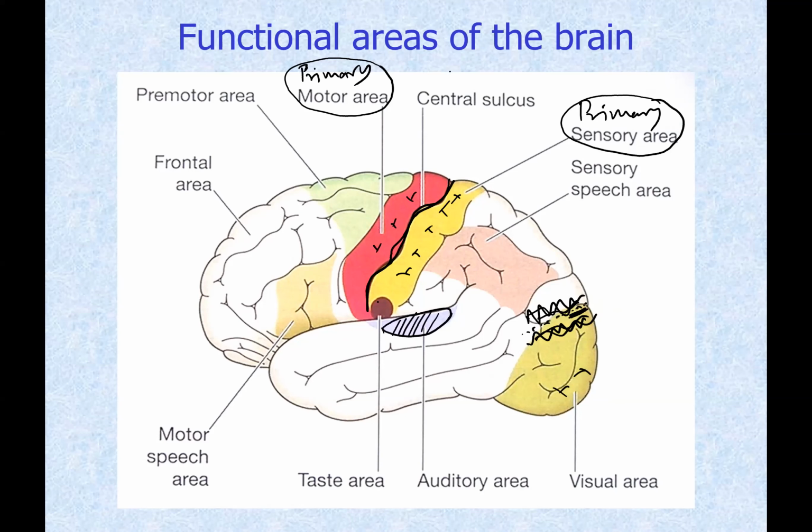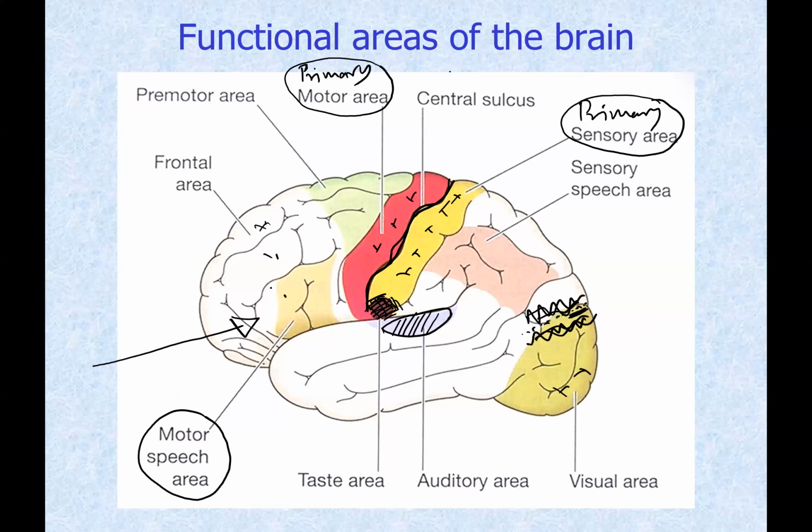Now the taste area is here in the lower end of the postcentral gyrus, but there are different descriptions about taste that goes with the limbic areas. We'll discuss that later. Then this area, the motor speech area, is an important area in the inferior frontal gyrus. We said there are different frontal gyri: superior, middle, and inferior.